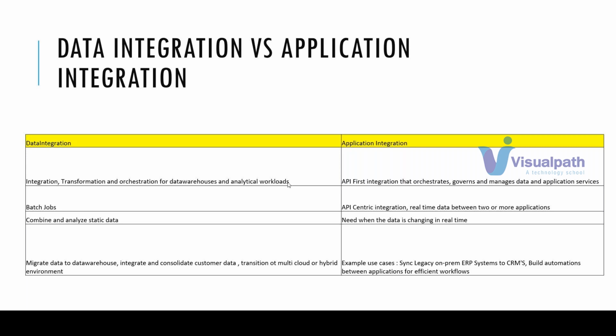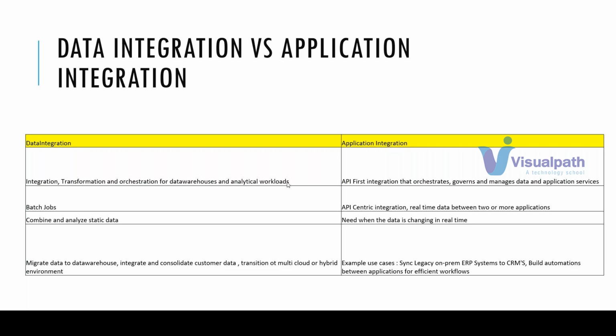This is like the typical on-prem batch jobs that we perform, when you want to load data from a source to a target for different business requirements. Whereas application integration is more on the API side. API stands for Application Programming Interface.